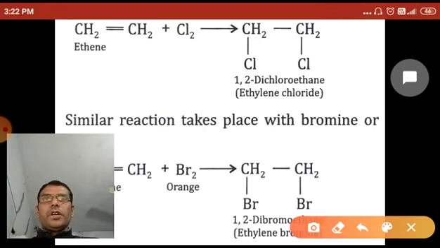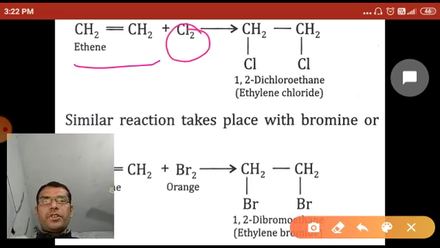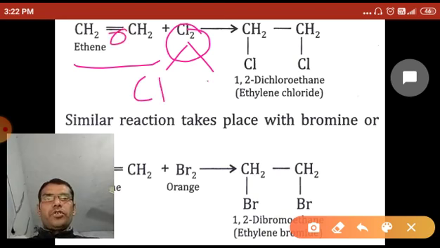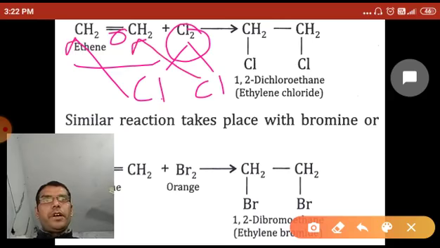When ethene reacts with chlorine in the presence of carbon tetrachloride, the double bond of the ethene breaks down. Chlorine also breaks into two parts, and one chlorine combines with one carbon and another chlorine combines with the other carbon, and it forms 1,2-dichloroethane, that is called ethylene chloride.